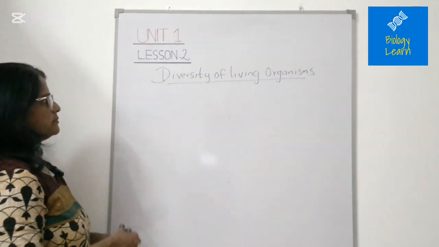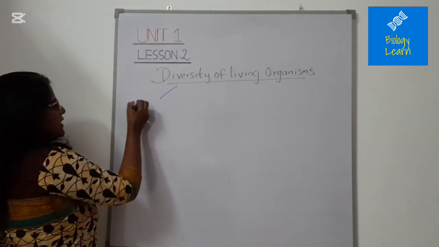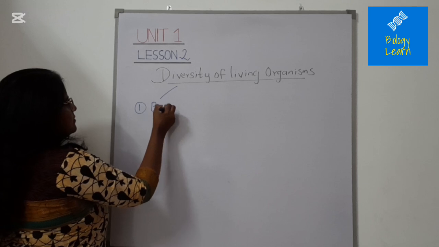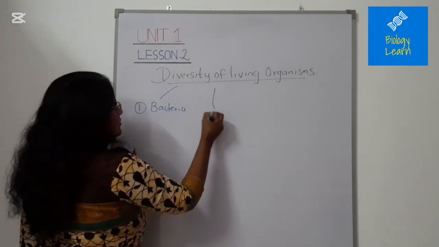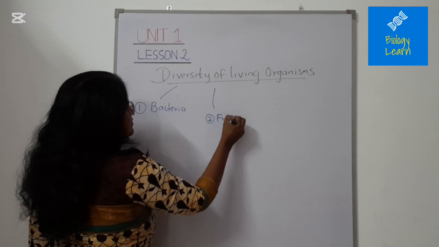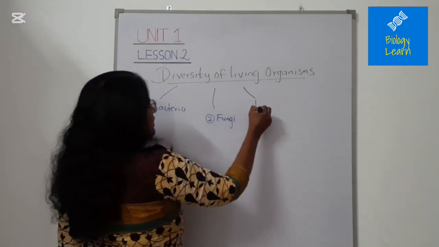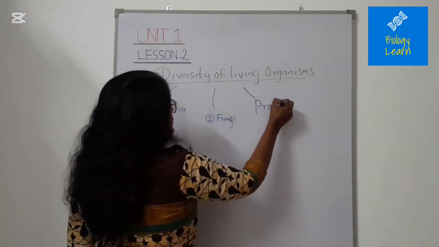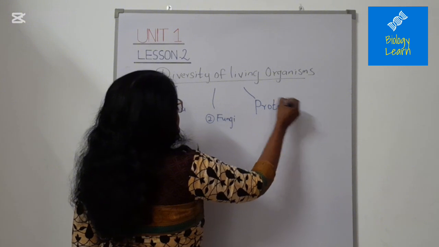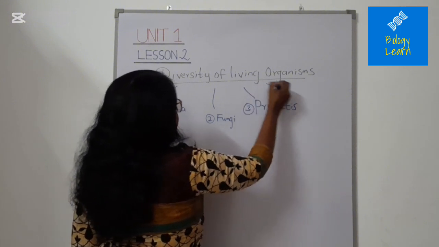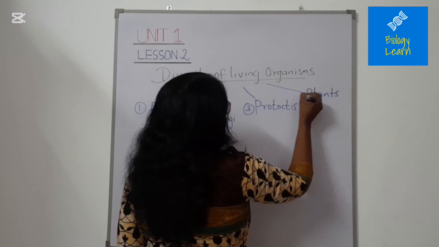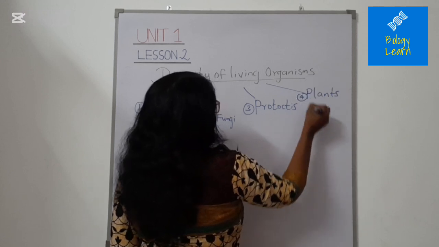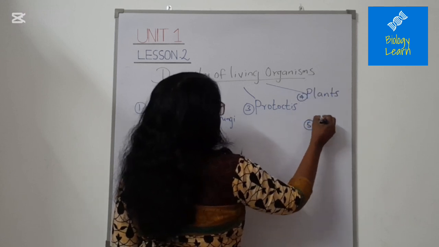So those are bacteria, fungi, prototists, plants, and the 5th one is animals.